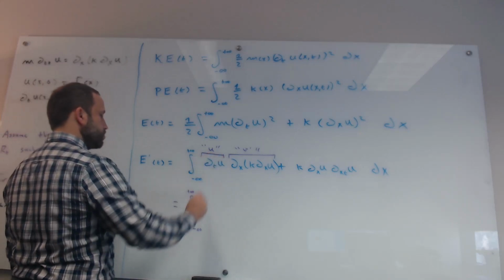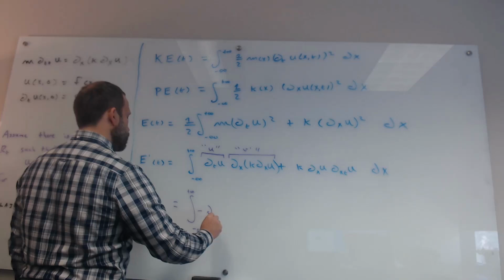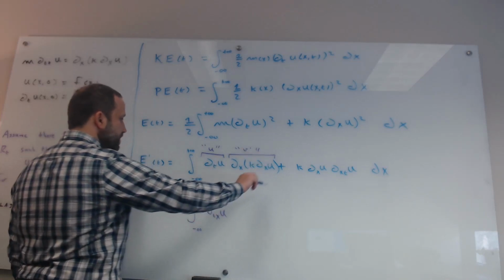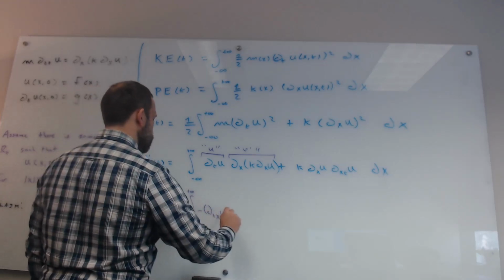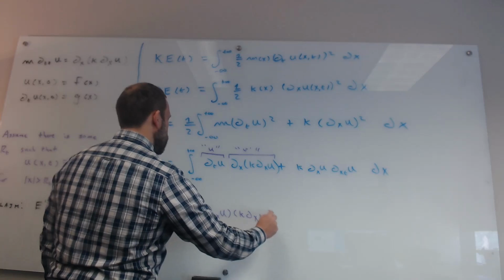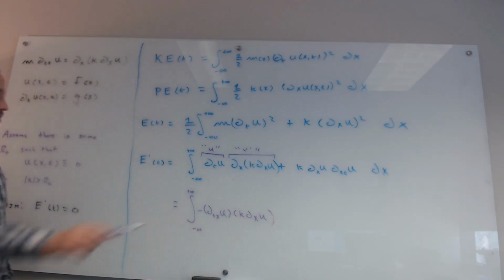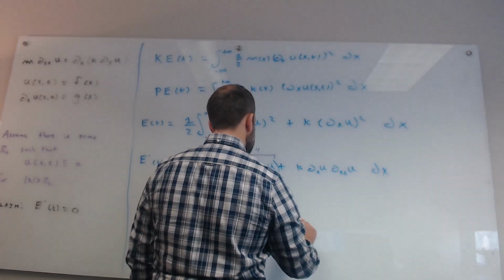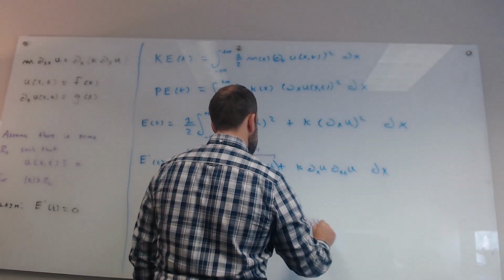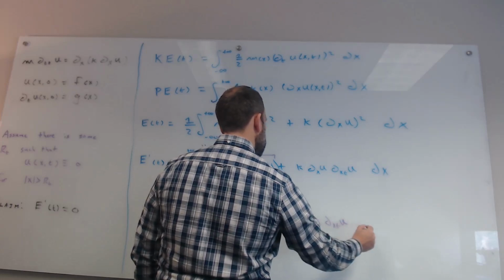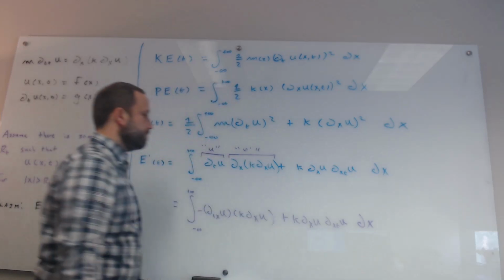Well, I'm going to put the x derivative there, so it's going to be the tx derivative of u times, I'm going to take the derivative off of that, and so it's going to be k times the x derivative of u, and then I'll just have what I have over here, which is plus k times the x derivative of u times the xt derivative of u dx.